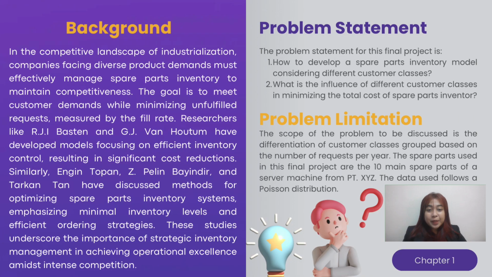First, I will explain the background in Chapter 1. In the competitive landscape of industrialization, companies facing diverse product demands must effectively manage spare part inventory to maintain their competitiveness. The goal is to meet customer demand while minimizing unfulfilled requests, measured by the fill rate. Researchers like R.G.A. Basten and Geert-Jan van Houtum have developed models focusing on efficient inventory control, resulting in significant cost reduction.